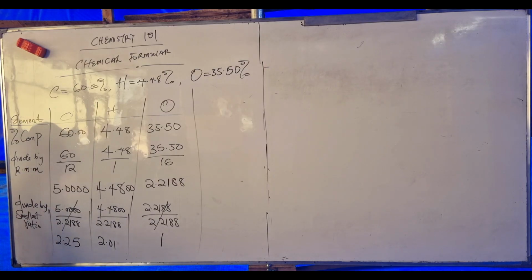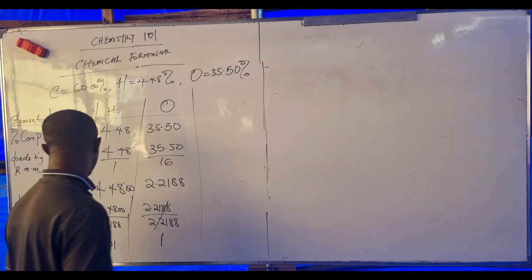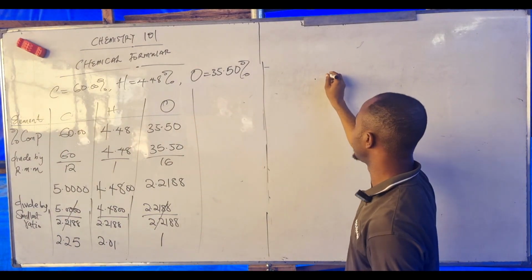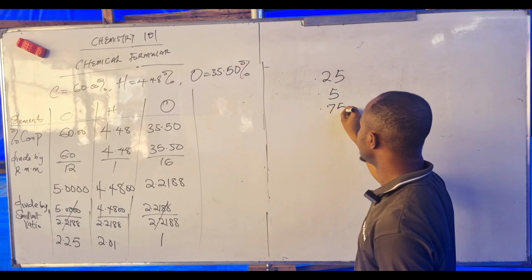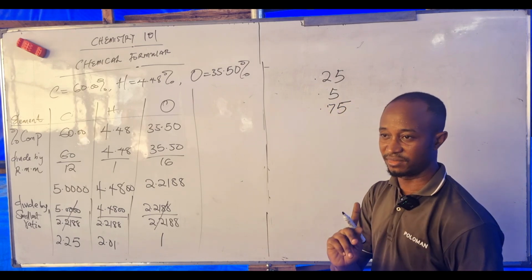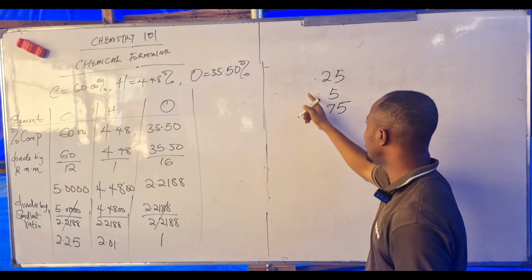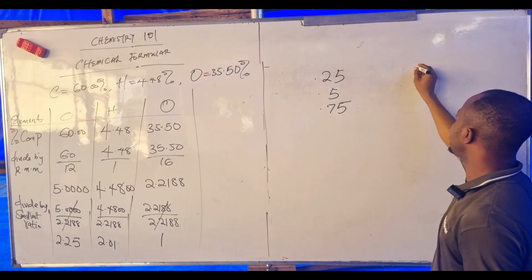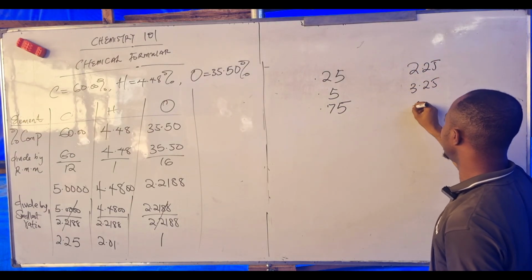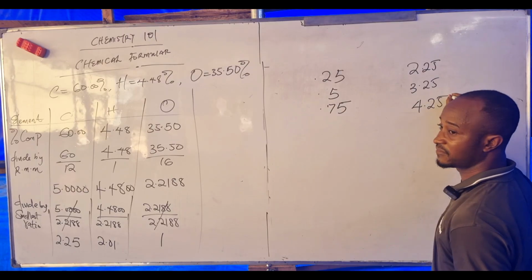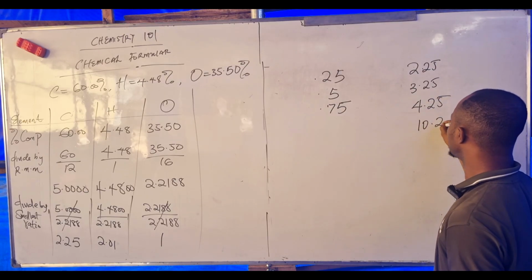Here we have 2.25. Anytime after dividing you have 0.25, 0.5, and 0.75, don't approximate. For example under 0.25, if I have 2.25, 3.25, 4.25, 10.25.